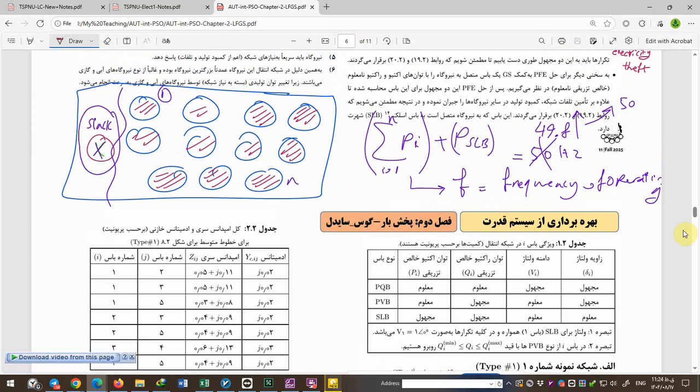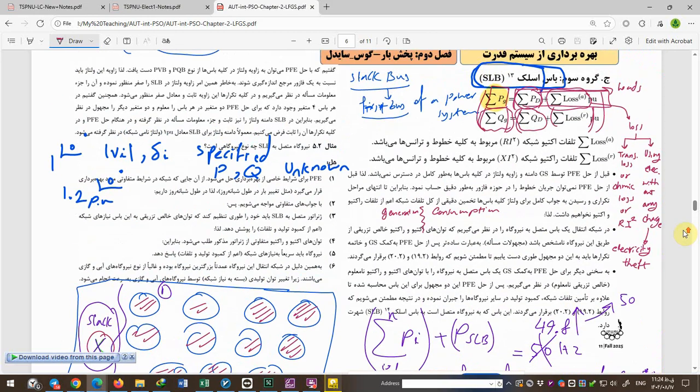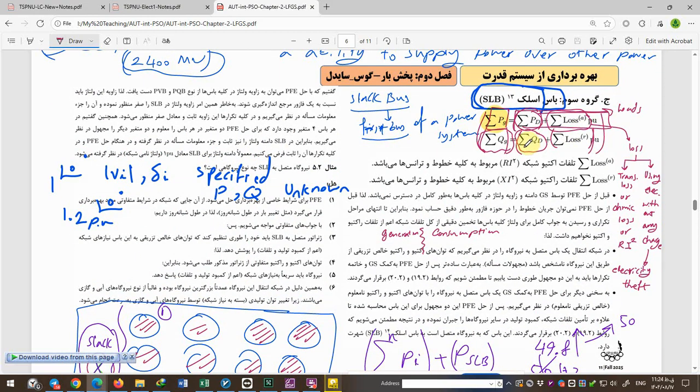The generator has to supply both of them, even loads or losses. The generator should generate even losses.